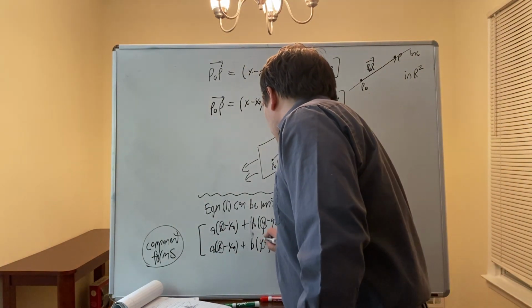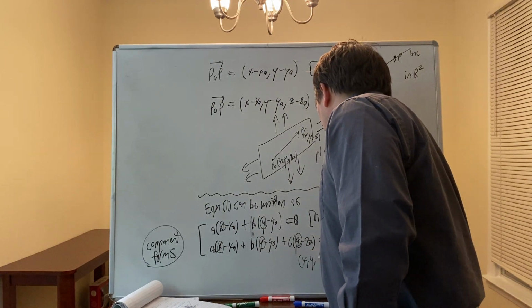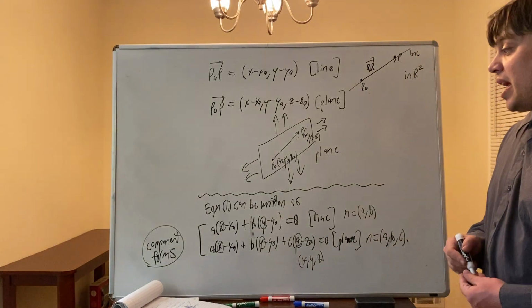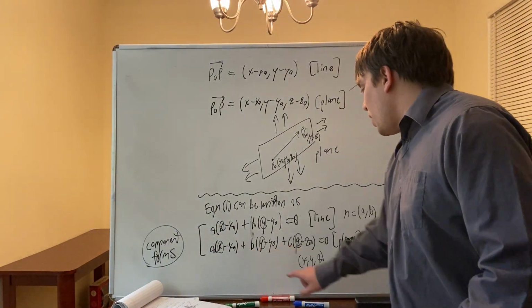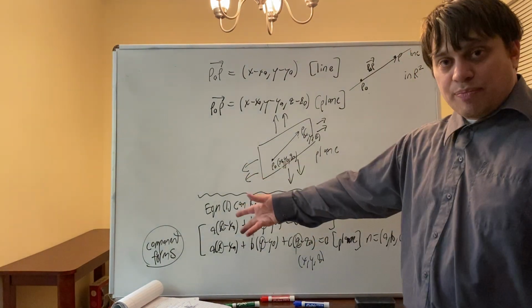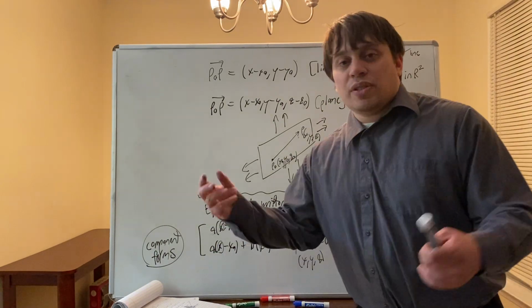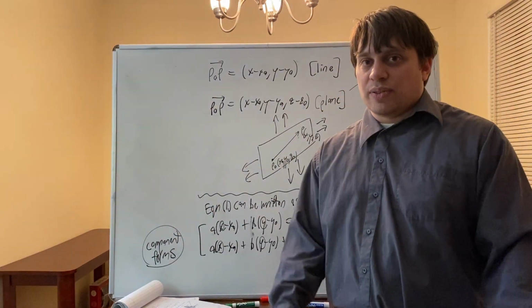Here we're describing the plane as the set of all points x comma y comma z that satisfy this equation, this whole thing equals 0. And what we use to determine that plane are the components x naught comma y naught comma z naught, the components of that same point, and the components of the normal, a, b, and c. So we're using the components of the same two vectors, but not the vectors themselves.